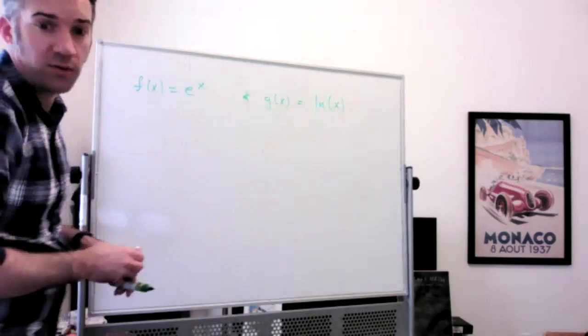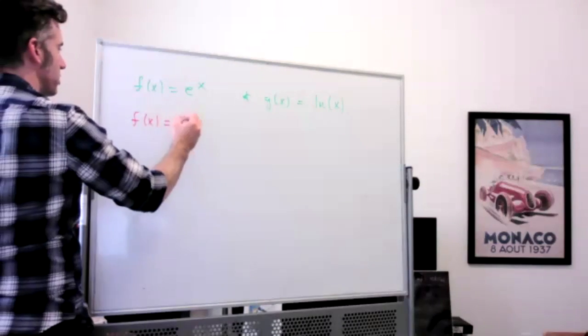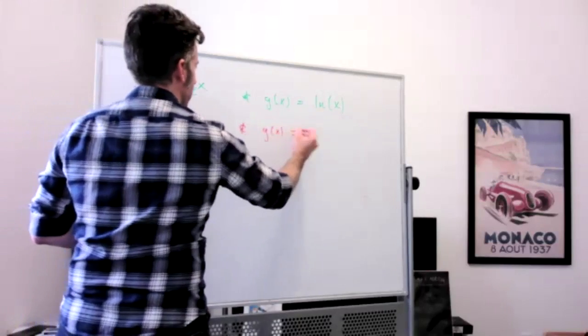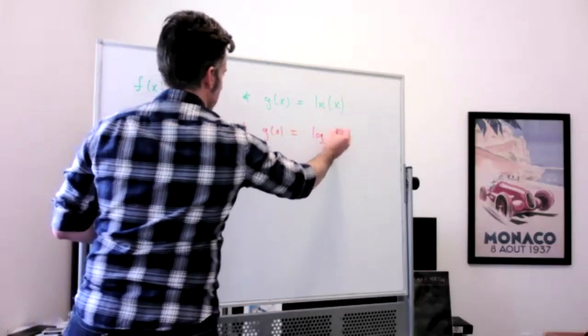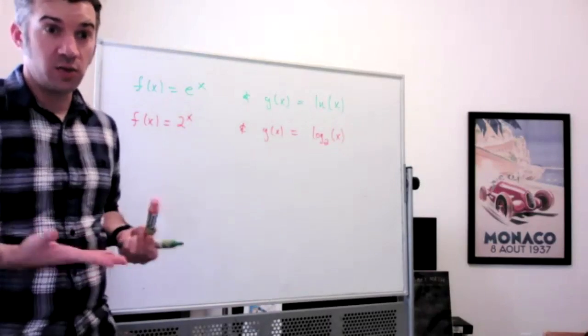Or if you prefer, another example, f of x equal to 2 to the x and g of x equal to the log base 2 of x. These functions undo each other.